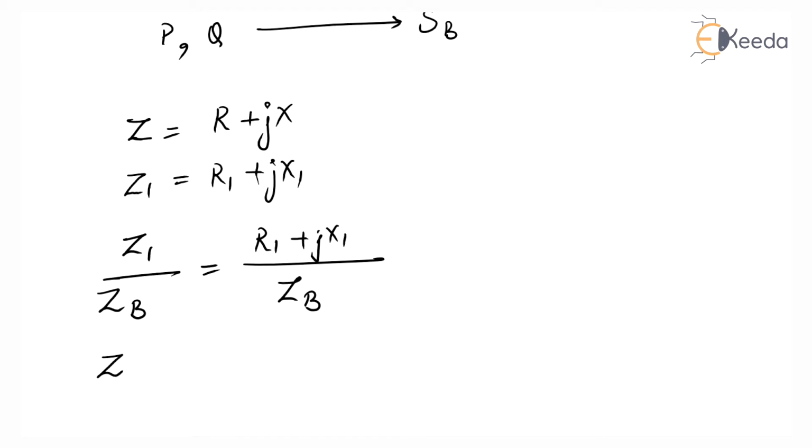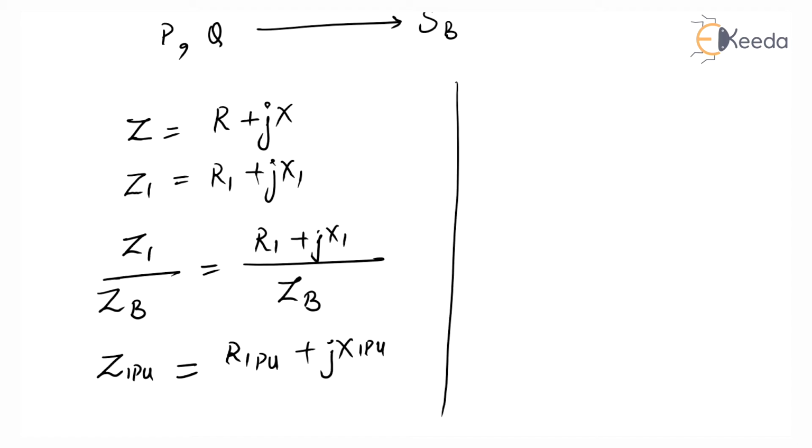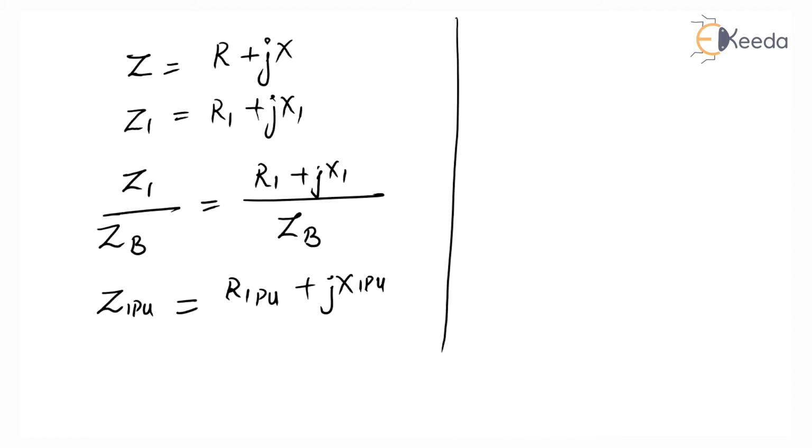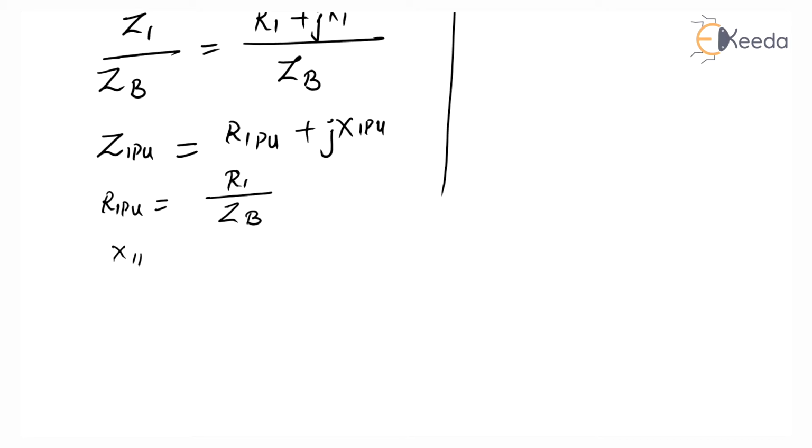So Z1 per unit is equal to R1 per unit plus jX1 per unit, where R1 per unit is equal to R1 upon Z base, and X1 per unit is equal to X1 upon Z base.